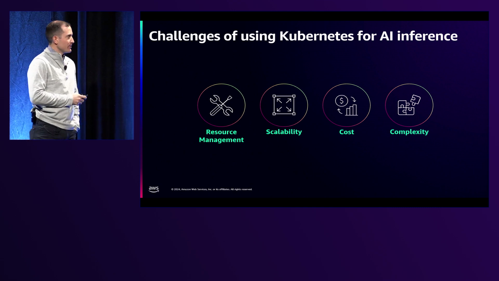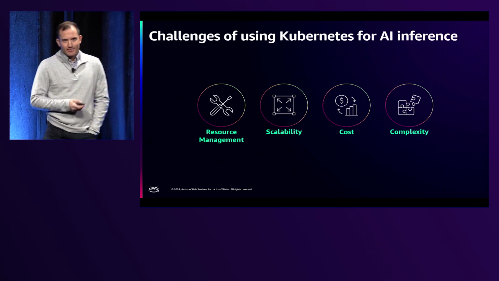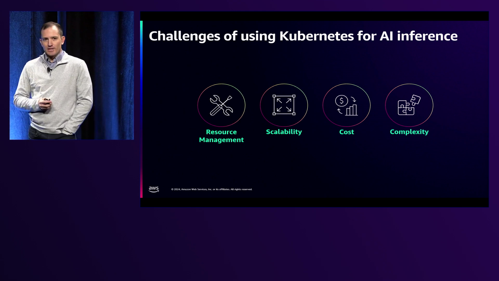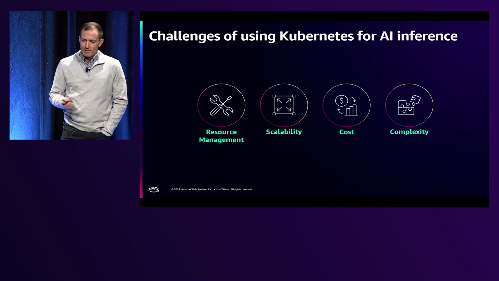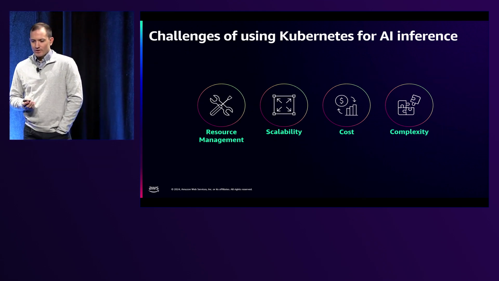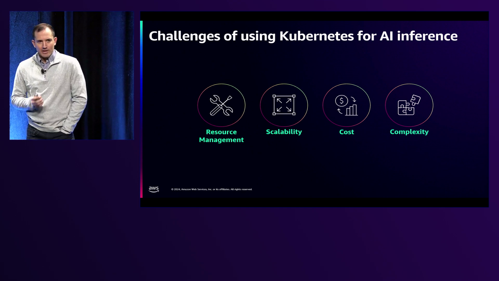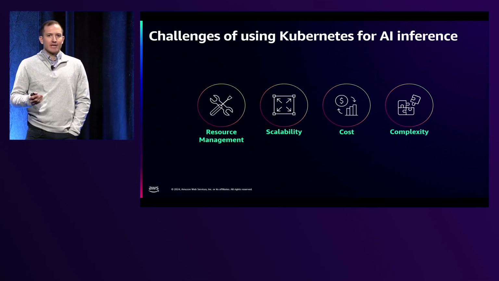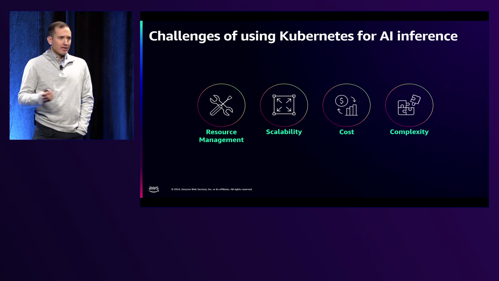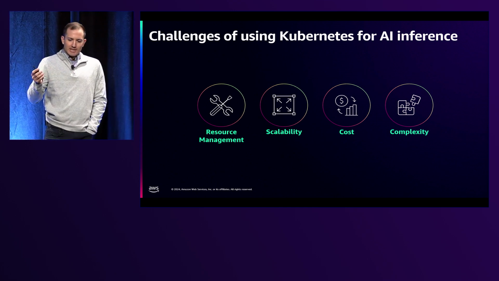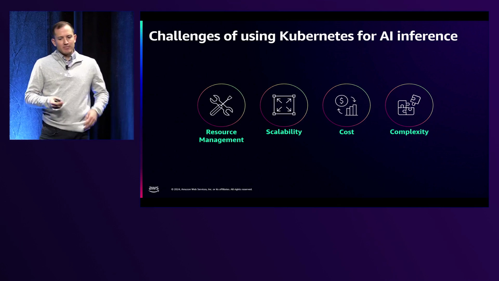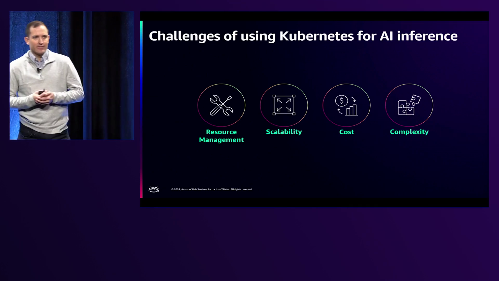Okay, so now when we talk about Kubernetes specifically and the challenges for AI inference, there's a few things that are going to always come up. The first is around resource management. In Kubernetes, you define your pod spec, right? And your pod spec is going to say, I need X amount of memory, I need X amount of CPU. And what you can do with that is you can say, give me a fraction of that.